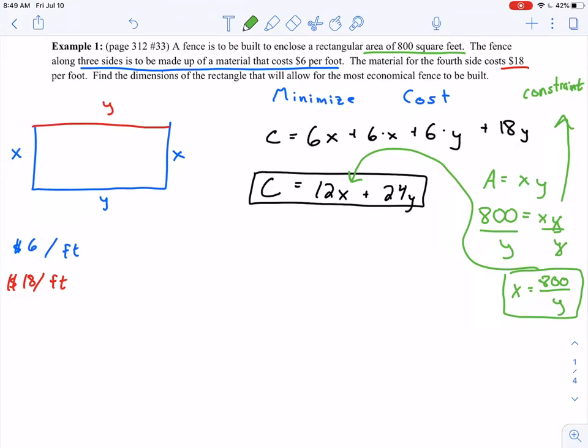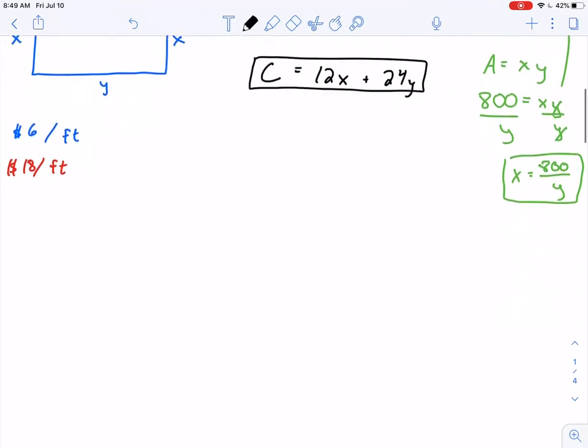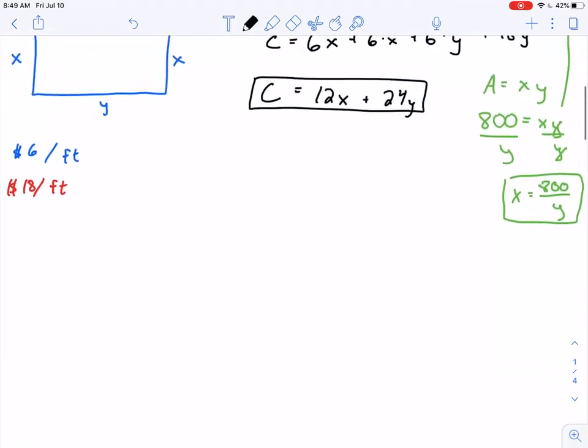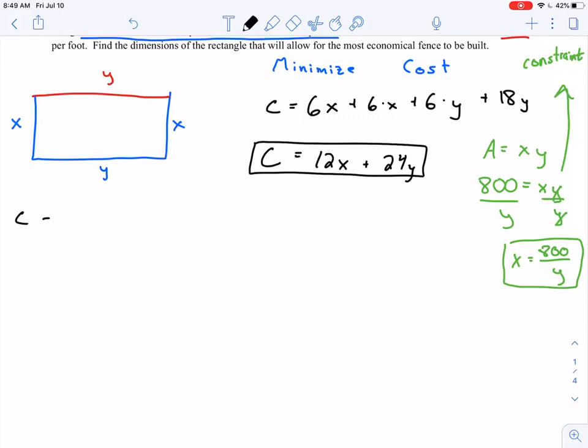So I'm going to take my cost function. Let me erase this right here. My cost function is equal to 12x, that's 12 times 800 over y. I'm taking out that x and replacing it with 800 over y, plus 24y.